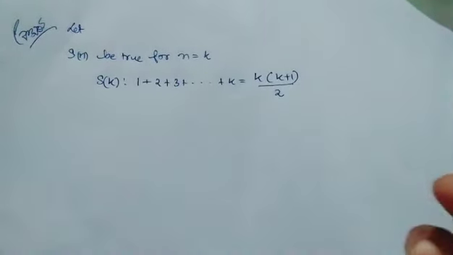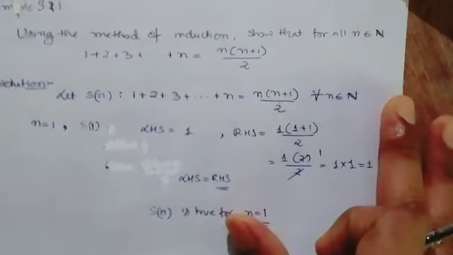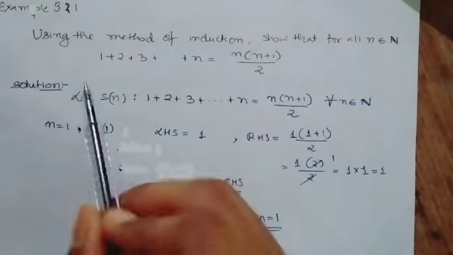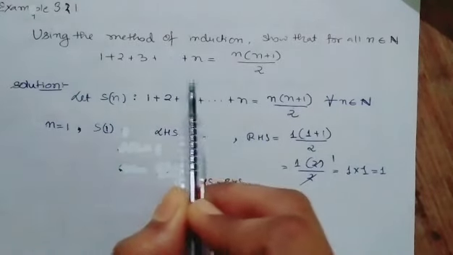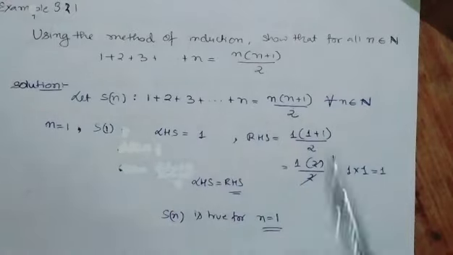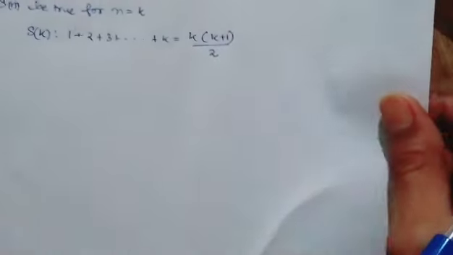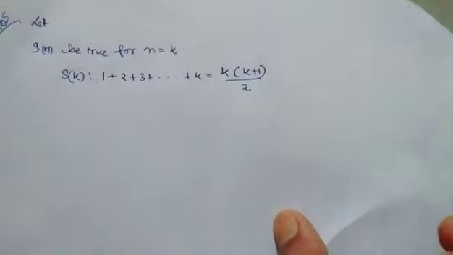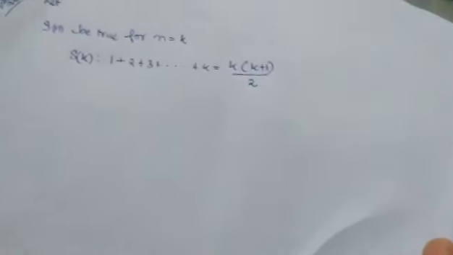What we did is just in place of n we used k. The formula from the first step was 1 plus 2 plus 3 plus dot dot dot up to n gives n into n plus 1 divided by 2, and in place of n we just use k.